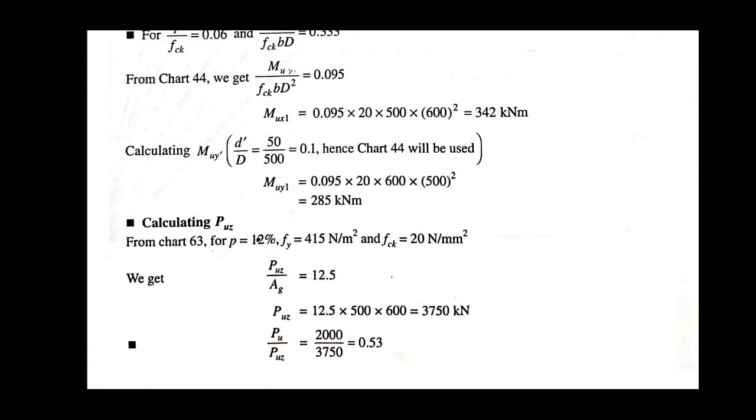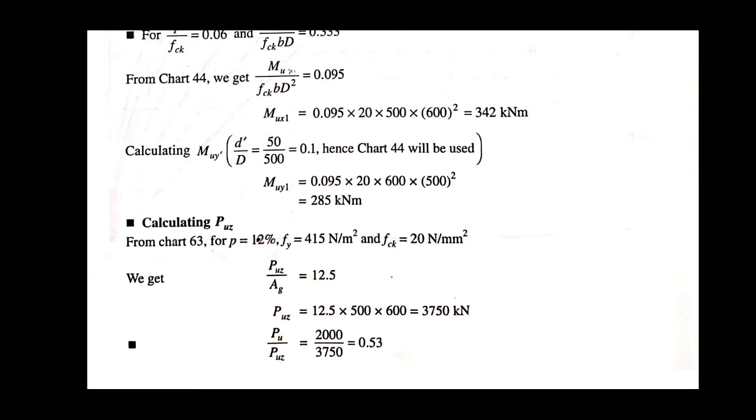Puz by Ag, where Ag is the cross area, is 12.5. So Puz is equal to 12.5 into 500 into 600, which are the lateral dimensions of the column, that is equal to 3750 kilonewton.